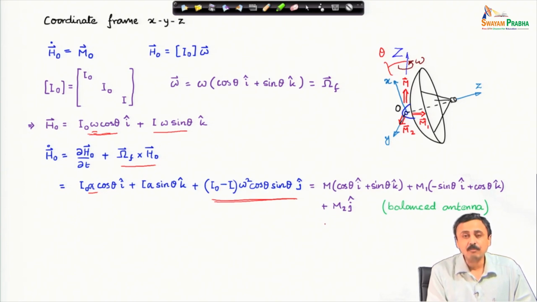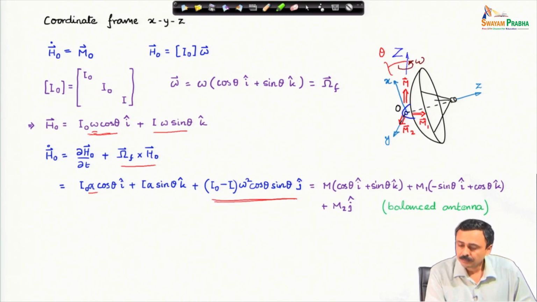Had the center of mass been somewhere else, you would have added that additional term as a known moment about O. But we are assuming for simplicity that the center of mass is at O.